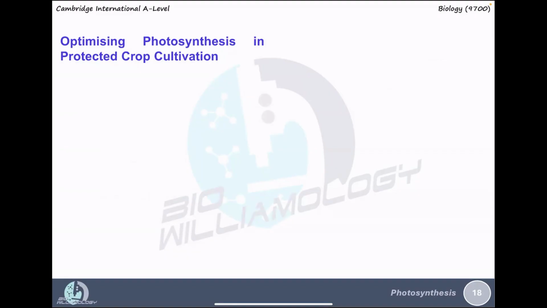Next, let us look at how we can optimize photosynthesis in protected crop cultivation, such as by using glass houses.